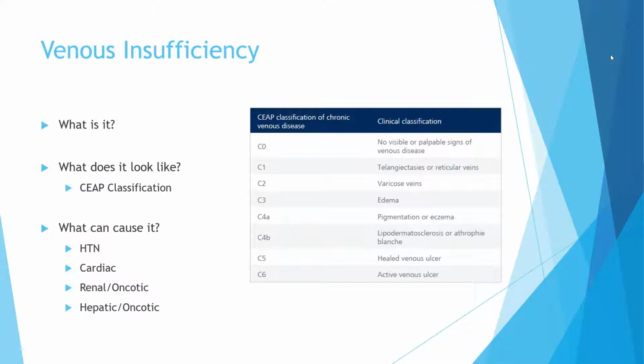So fluid will naturally move into the surrounding tissue spaces. And what you get is an edematous patient that has pitting edema, but actually does not have any cardiac failure or hypertension. You get this clinically mimicked appearance of peripheral edema. So those two things don't cause venous insufficiency, but they're two things to be aware of because they can mimic it.